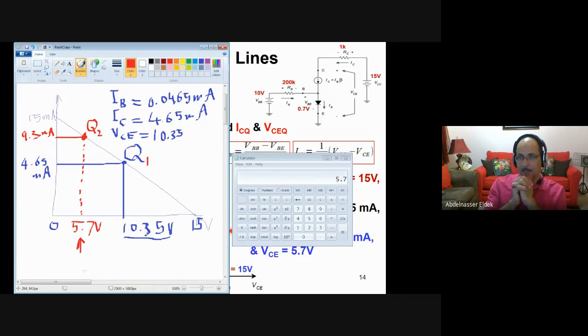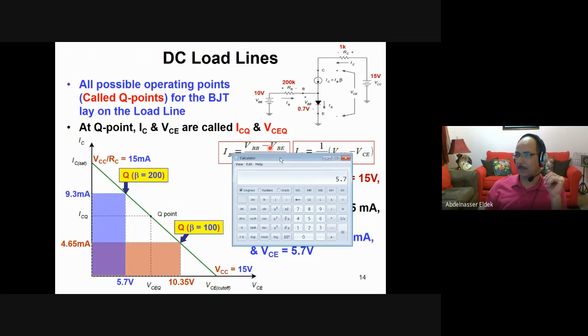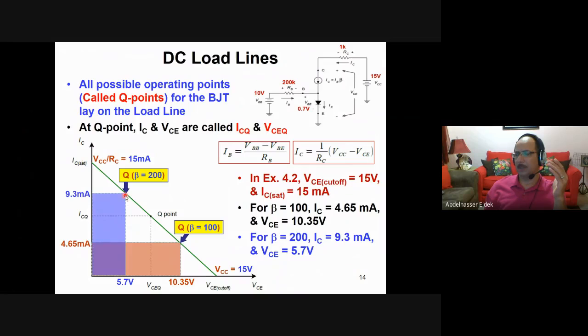Okay, what does this example show us? Let's see the result. We will get the same result as we have here, I'm sure. So this point and this point are the same. They are right here, 9.3 and 5.7, and 10.35 and 4.65.